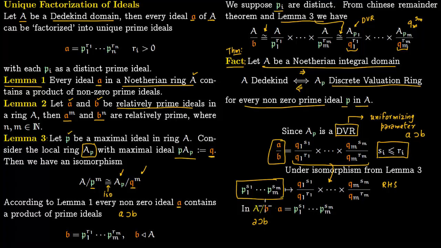So ideals of this ring will also contain B, and A contains B. Essentially what we are saying is that A comes to be of this form: P1 S1 all the way to PMSM, where obviously each SI is less than or equal to Ri. If SI is less than or equal to Ri, it will automatically contain this ideal B. So we have been able to show that this ideal A, which we started with, has this form.